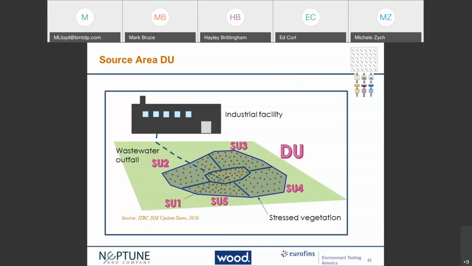And so having these individual sampling units helps define this area. Ultimately, on the large scale, we're looking to assess the entire area of stressed vegetation to see if those concentrations exceed a regulatory screening level. So that's when we're looking at the larger DU.